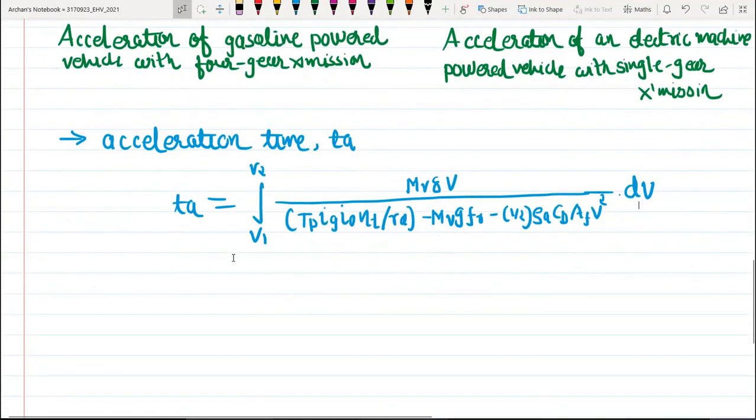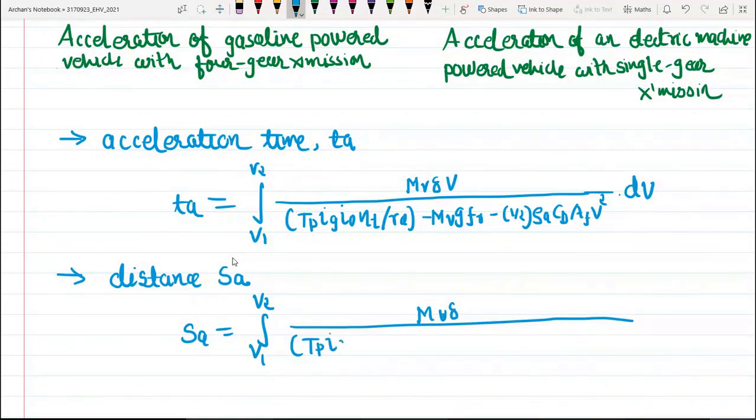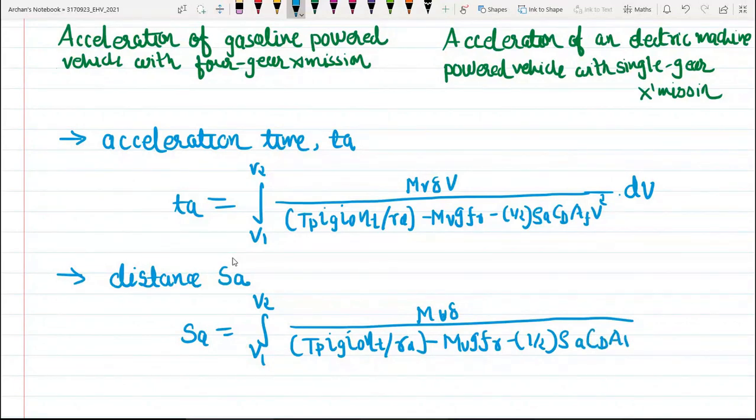Similarly, you will find out the distance. Distance say SA is nothing but integration v1 to v2 of mv delta v upon Tp ig I0 eta t divided by rd minus mv g fr minus drag, half rho A Cd Af v square, dv.